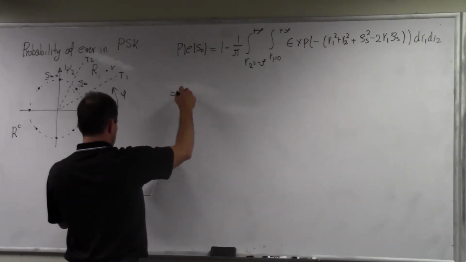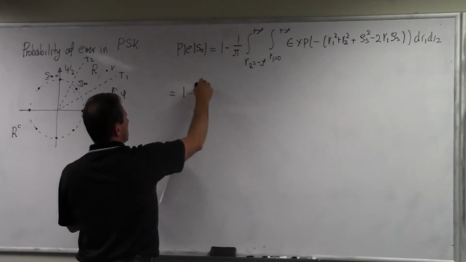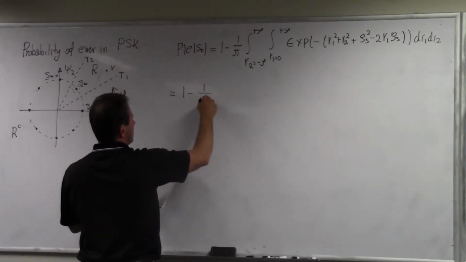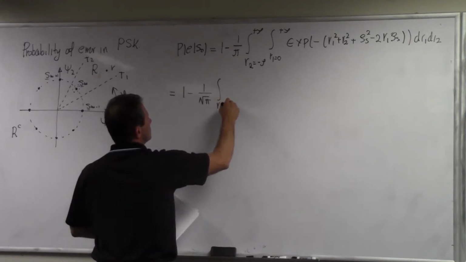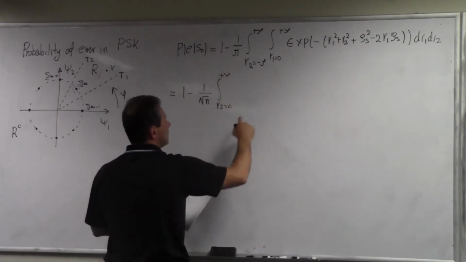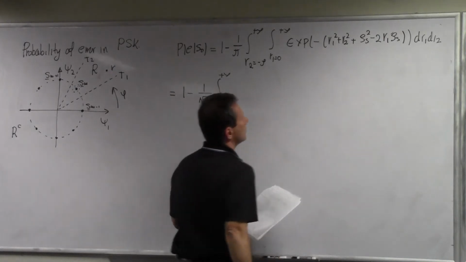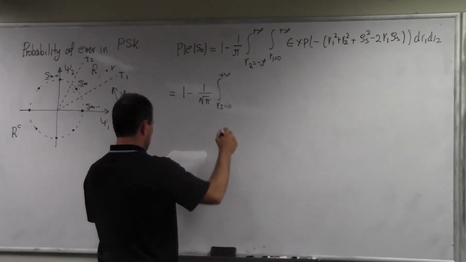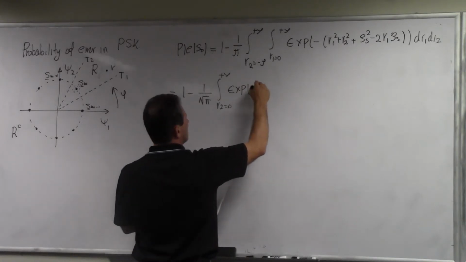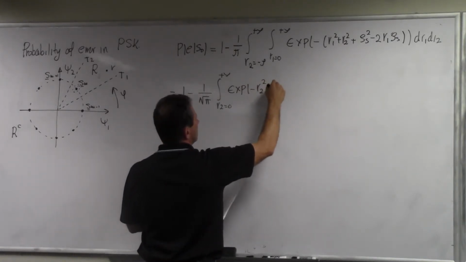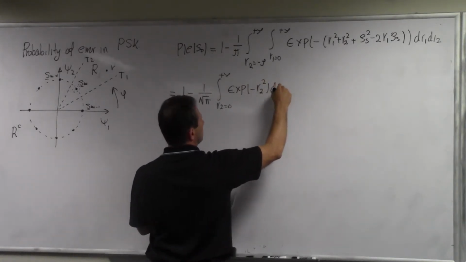The first one becomes 1 over square root of pi, integral where R2 goes from 0 to plus infinity. Let's just assemble whatever is with R2 here, so this becomes e to the minus R2 squared dR2.